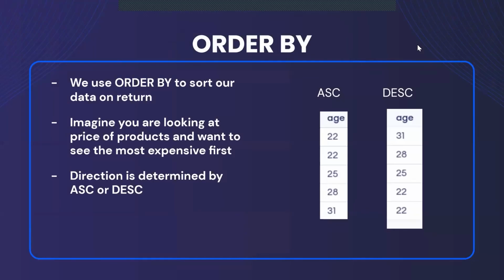So from there, we have our data and we're able to grab specific columns from specific tables, or all the columns from a table. But what if we want to look at that data in a more formatted way? We could use ORDER BY to sort our data. I'll give you a different example.